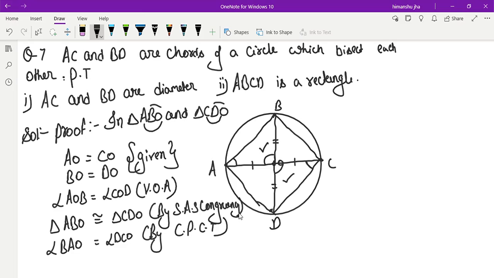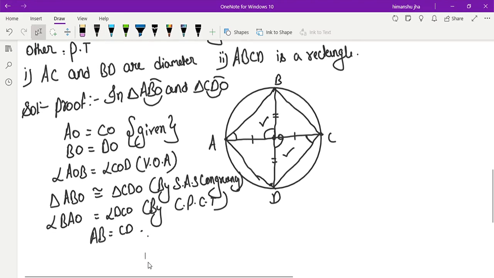Now AB is parallel to CD, since ABCD is a parallelogram. We already know that, but still we are saying it. Note it down.